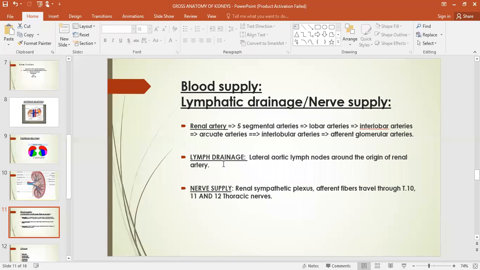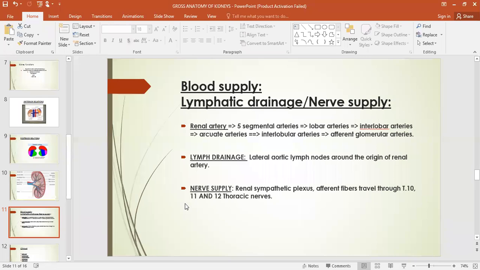Lymphatic drainage. The lymphatic drainage of the kidney is toward the lateral aortic lymph nodes, which are around the origin of the gonadal vessels. And then is the nerve supply of the kidneys.